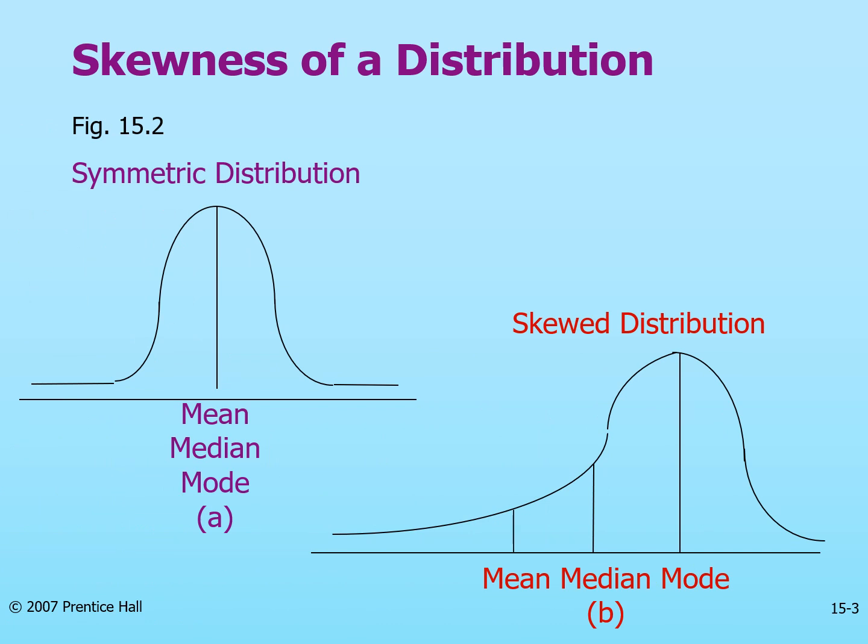Now, this basically shows the symmetric distribution. Figure 15.2 shows the normal bell-shaped curve where mean, median and mode are the same, so it is a normally distributed curve. But when we look at 15.2 point B, the mode is more than the median, and the median is more than the mean.